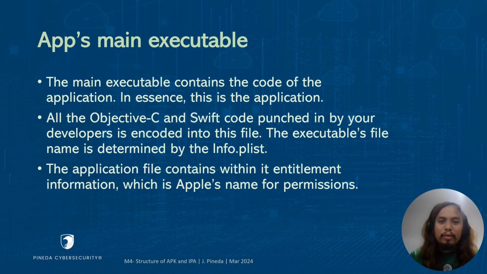So the executable contains the code of the application. It is the application. So all the Objective-C and Swift code punched in by your developers is encoded into this file, the main executable. The executable's file name is determined by the info.plist. The application file contains within it entitlement information, which is Apple's name for permissions.